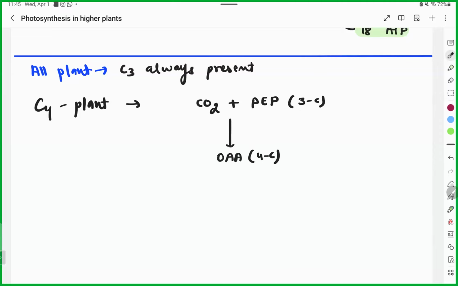Correct? In C3, three carbon product. C4, four carbon product. In C3, acceptor is 5 carbon. Here, acceptor is 3 carbon. Enzyme in C3 is Rubisco; in this case it is PEP carboxylase. Correct? All these names are important. Comparison is extremely important.